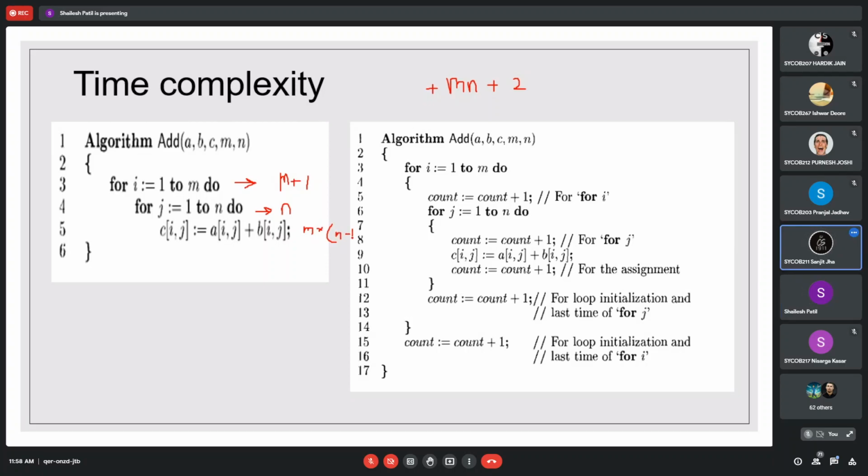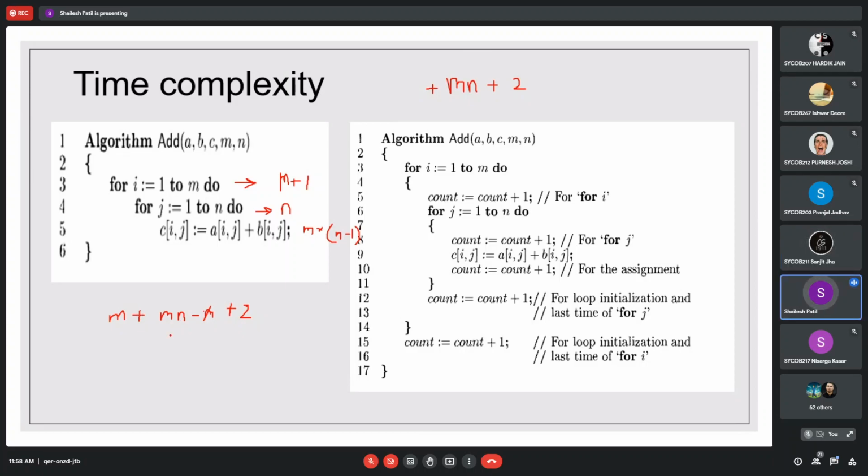So the total complexity we have taken will be m plus mn minus m plus 2 plus n. And then 1 and 2 make 3. So it is mn plus n plus 3, or mn plus m plus 3. Yes, sir.